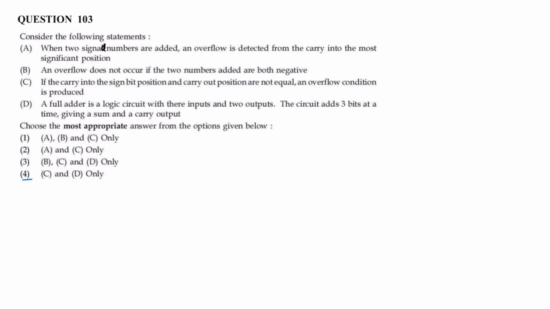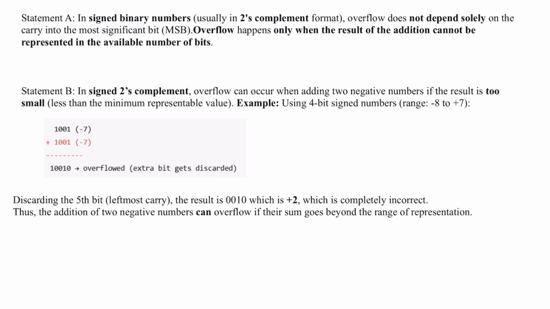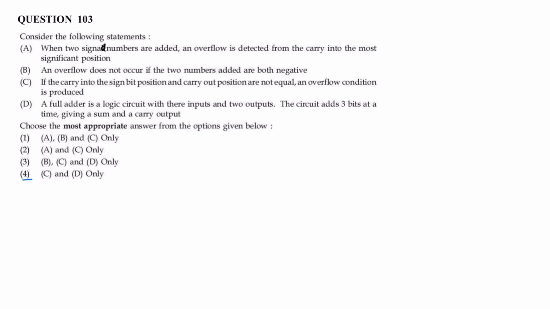Statement A is incorrect because in signed binary numbers, usually in 2's complement format, overflow does not depend solely on the carry in the most significant bit. Overflow happens only when the result of addition cannot be represented in the available number of bits. So statement A is incorrect.